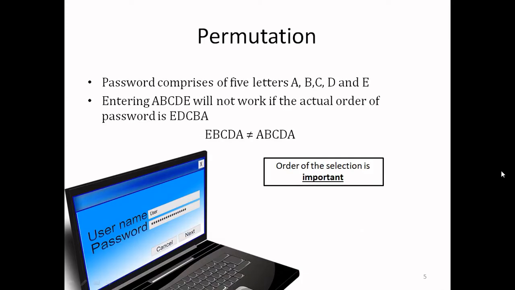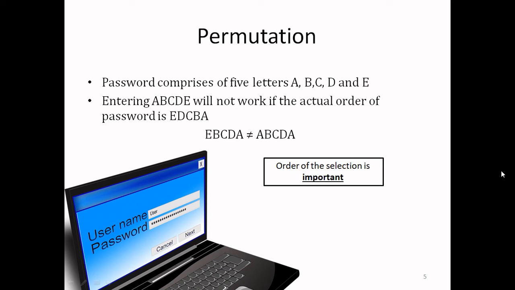So coming to permutation. Suppose that I tell you that the password of my system comprises 5 letters: A, B, C, D and E. Just by knowing which letters are present in my password, can you enter into my system? No. You need to know the exact order of those letters to enter into the system.